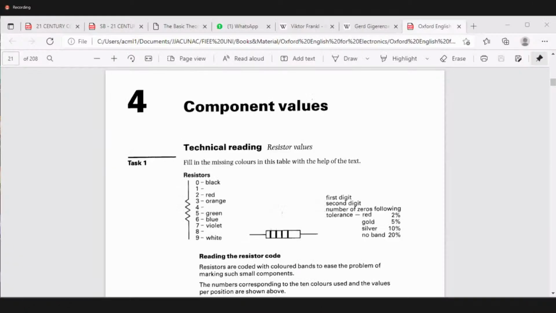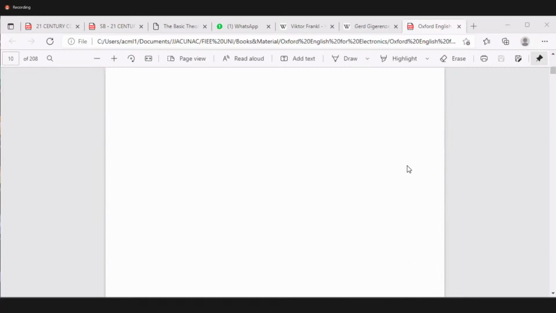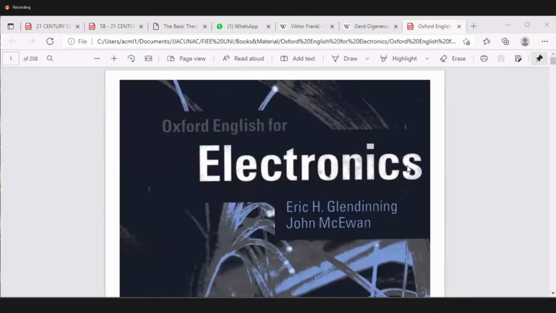So this is our new book, the book that we are going to use. It's already on Univirtual. This is Oxford English for Electronics. So now all the topics are not going to be computers or data or information, but are going to be connected to electronics.